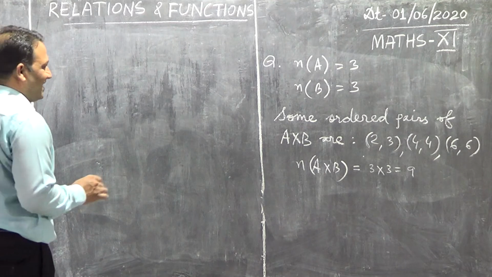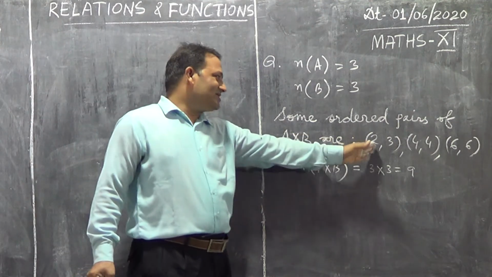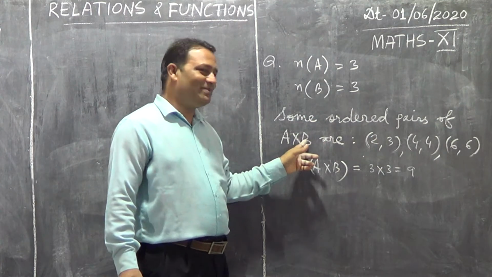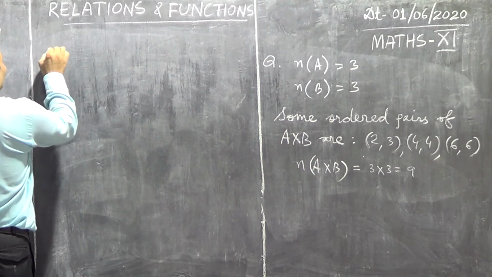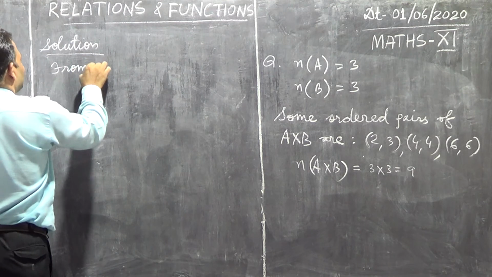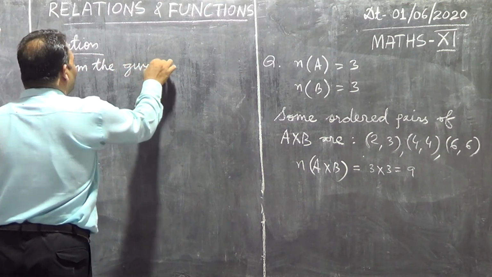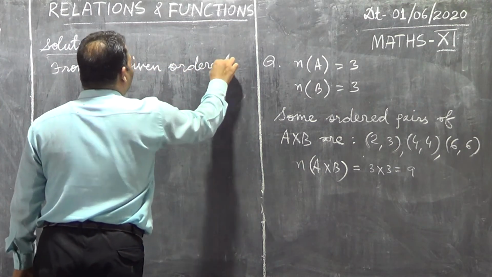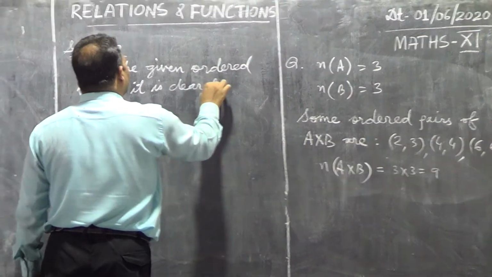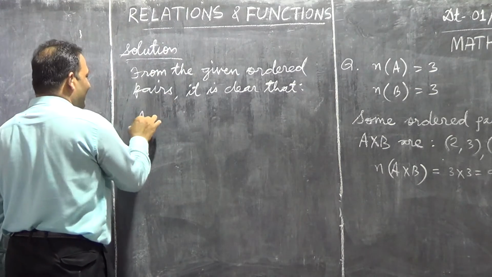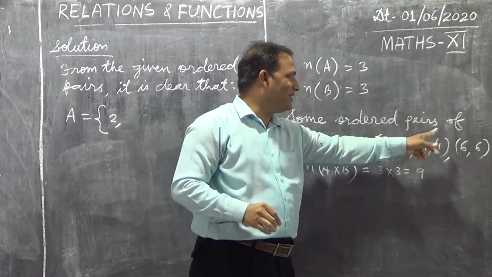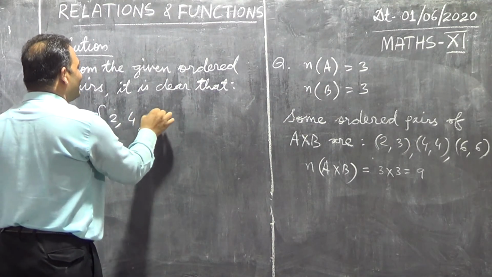So it is clear that since these ordered pairs belong to A cross B, the first component must be from A and second component must be from B. So from the given ordered pairs, the elements of A will be 2, 4 and 6.